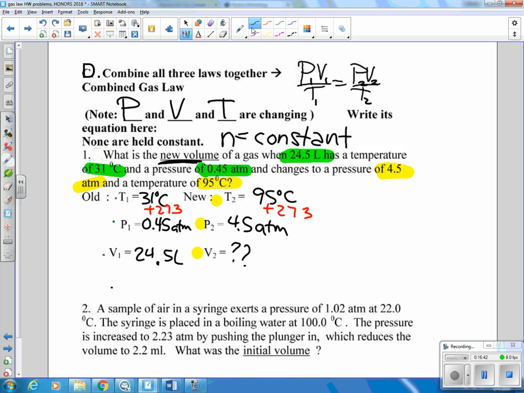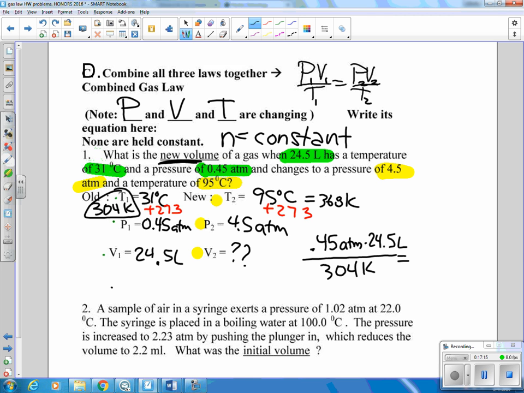So T1 is going to be 304 Kelvin, and T2 is 368 Kelvin. It's really important that you get these in Kelvin. So you're going to put 0.45 atm times 24.5 and divide that by 304.